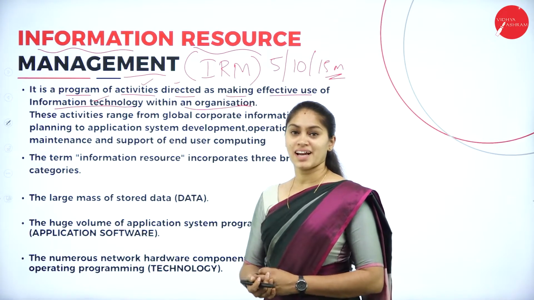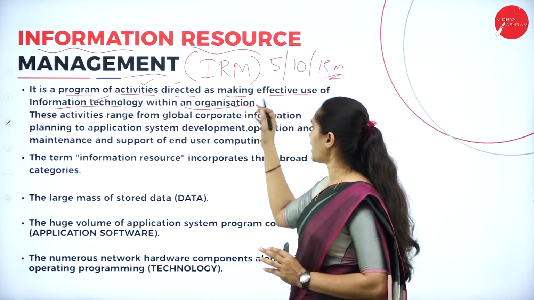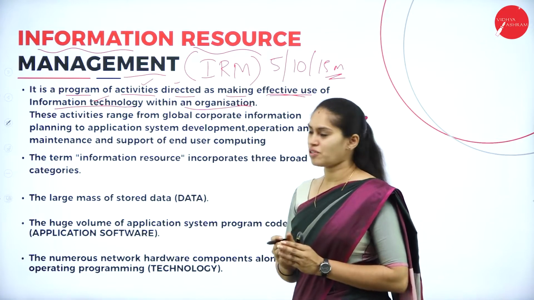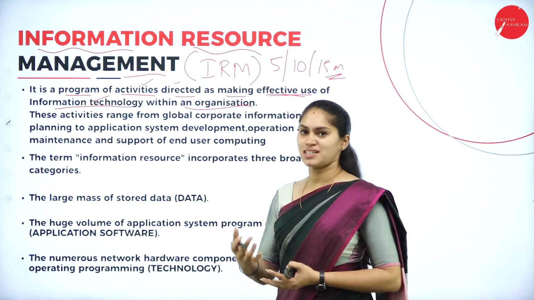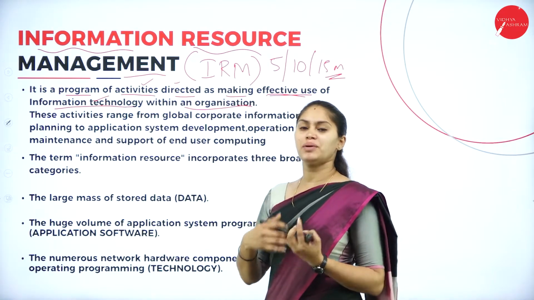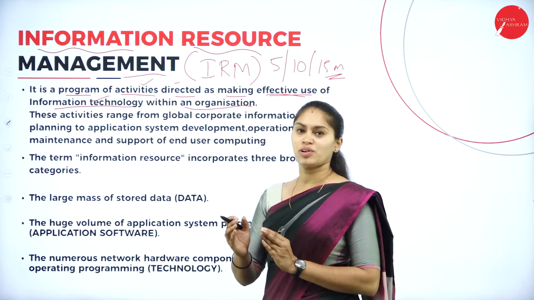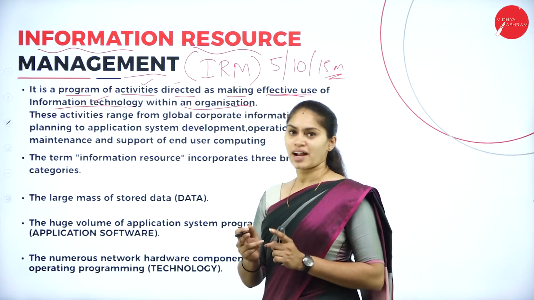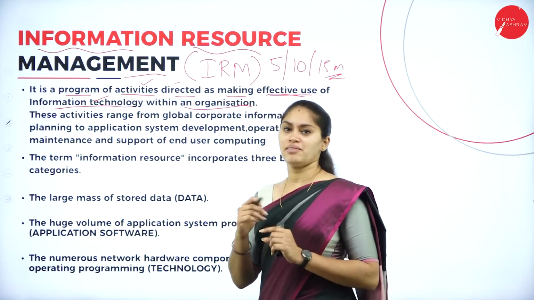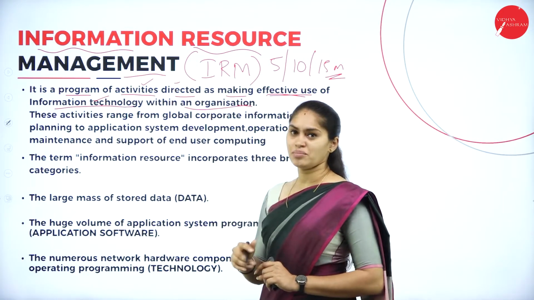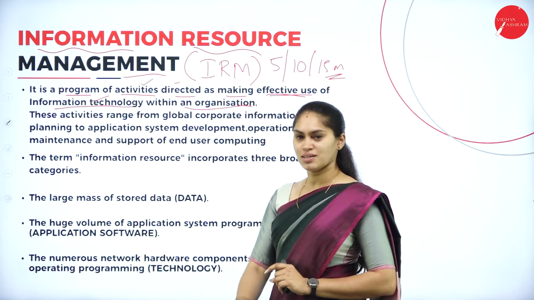Within my organization, I want to make effective use of information technology. That effective usage will be guided by a set of program activities. That set of program activities is termed what? IRM, or information resource management.